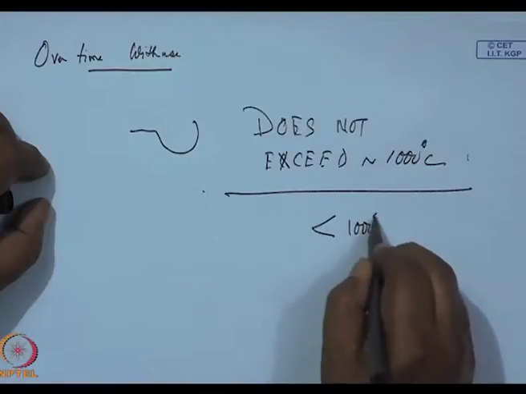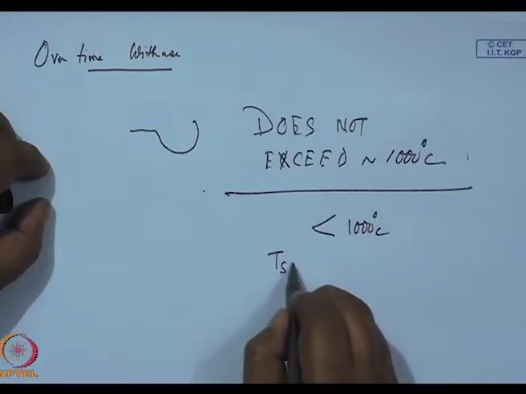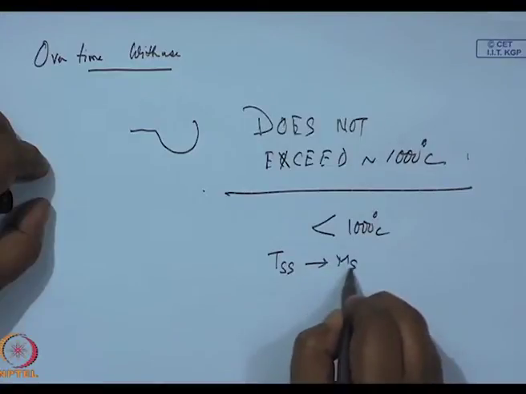It is only below 1000 degrees centigrade or so that I have tetragonal to monoclinic transformation.